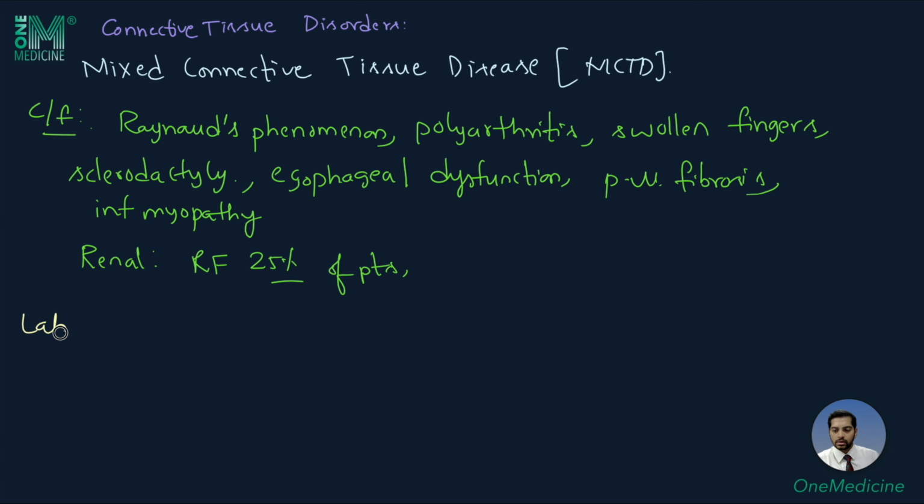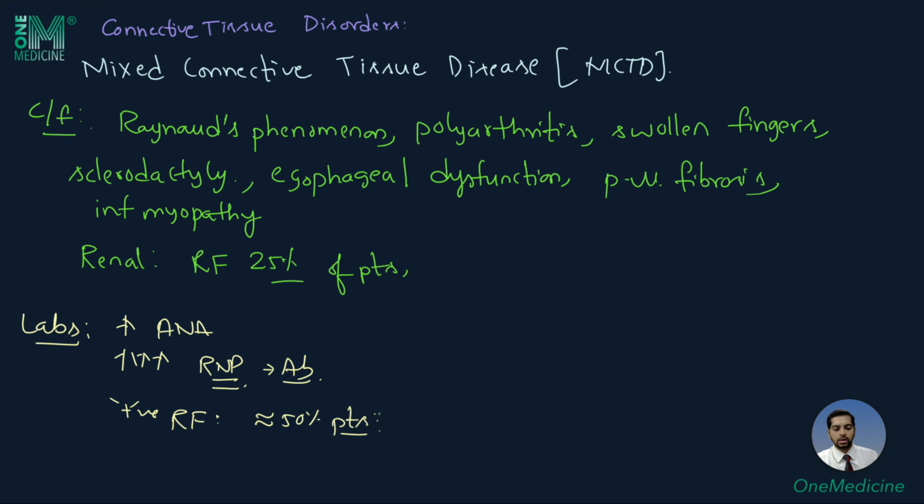Laboratory features include high titers of anti-nuclear antibody, and very high titers of RNP, that is ribonucleoprotein antibody. Patients will also have positive rheumatoid factor. This is seen in approximately 50% of the patients with mixed connective tissue disease. Other evaluation is specific to systemic lupus erythematosus, systemic sclerosis, rheumatoid arthritis and polymyositis.